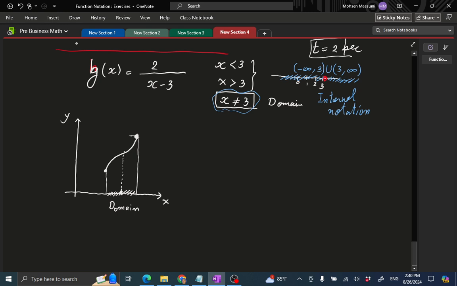Now how about the range? The range is sometimes called codomain, the set of values on the y-axis that you can arrive at. So here if I start with this x, I'll arrive at this y, or if I start at this y, I can trace my way back to a particular x.